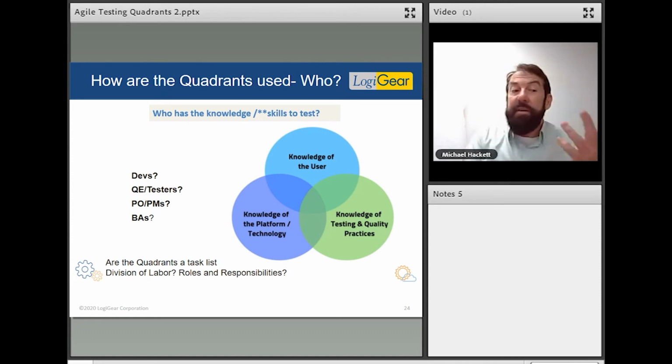But a PO and a business analyst, how much knowledge do they have of the platform and the technology? Maybe not that much. So who's going to develop those kind of technical level tests? My developers may do a great job there, but they may not do a great job with exploratory testing.